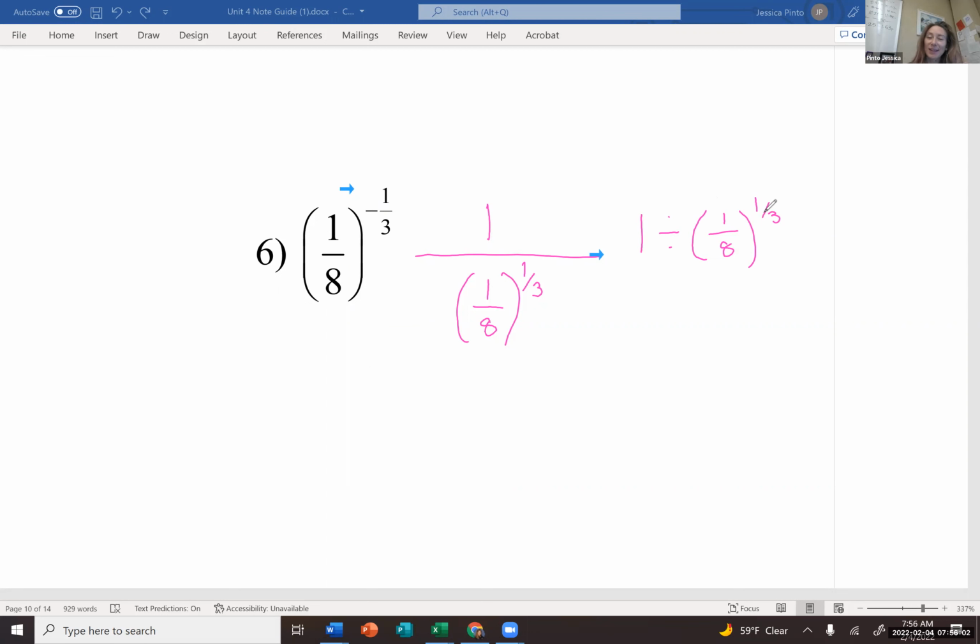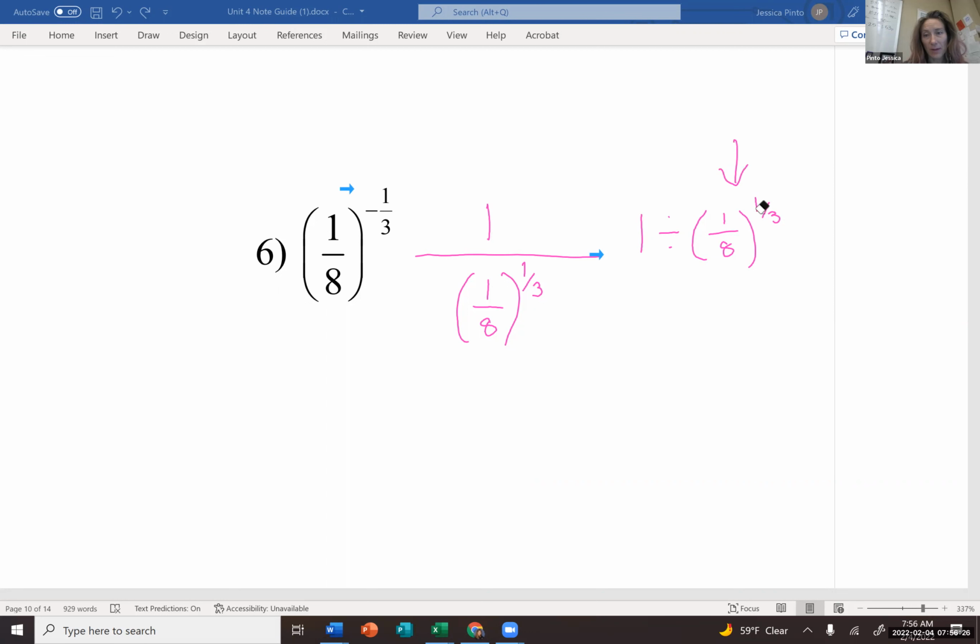So let's evaluate 1/8 to the 1/3 power now, since it's kind of messy right here. So we have to evaluate exponents before we do multiplication and division. So I'm going to evaluate it. I'm going to give that 1/3 power to both the numerator and the denominator.